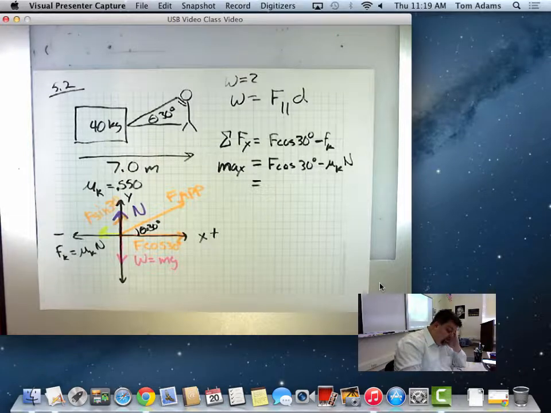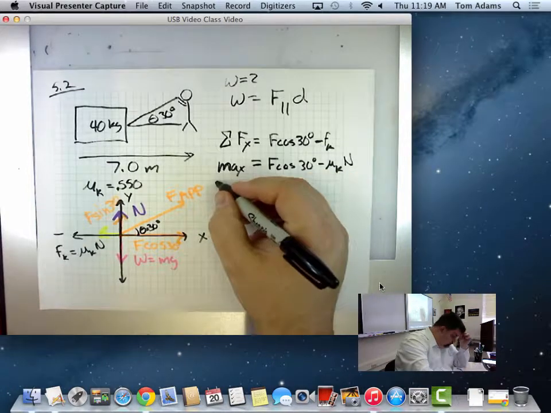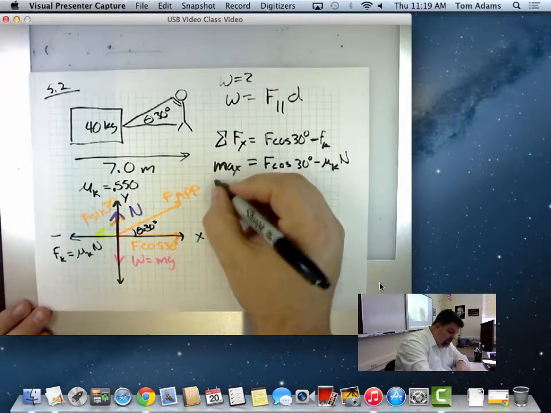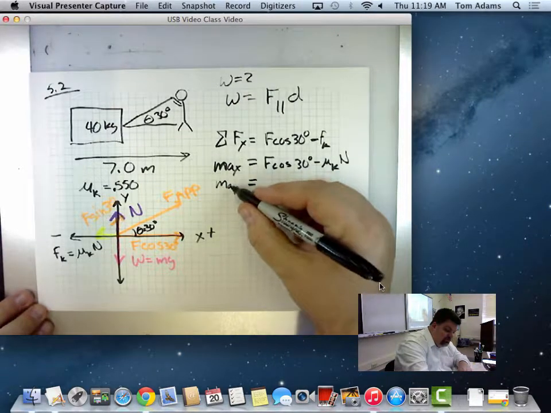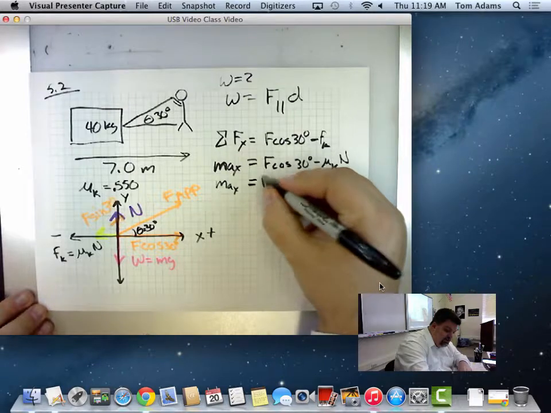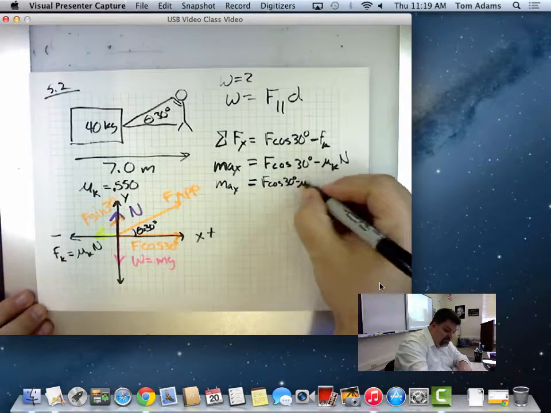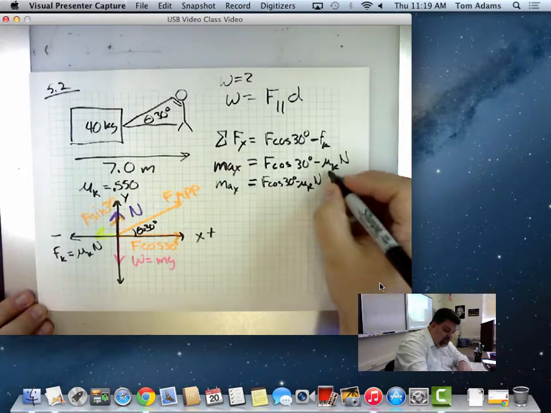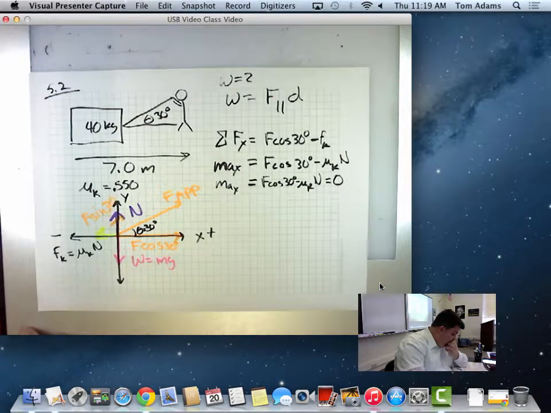Now just before this object starts to move, we would say that that is equal to 0. Okay? In other words, the mass times the acceleration in the x direction is equal to F cosine of 30 minus mu k times the normal force, which is equal to 0 in the x direction.